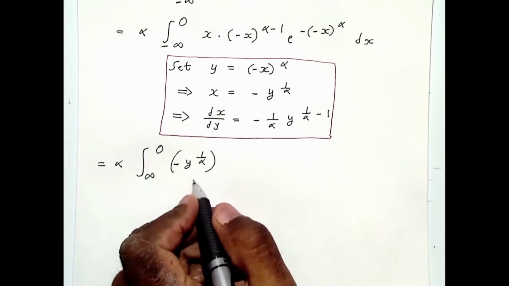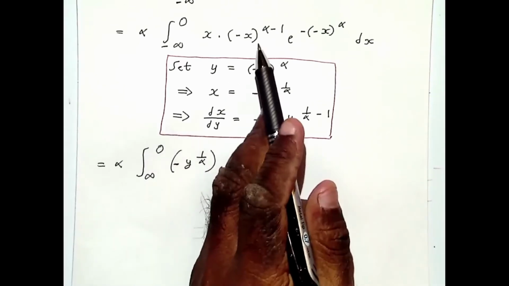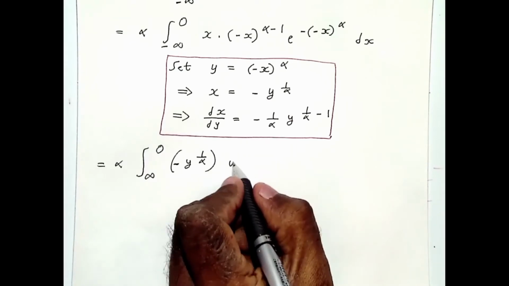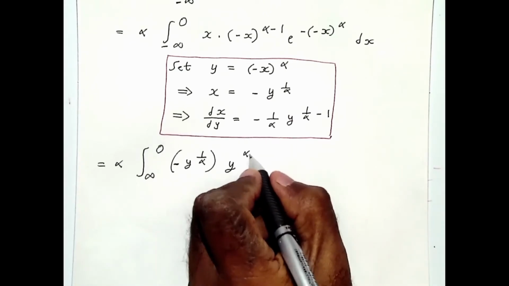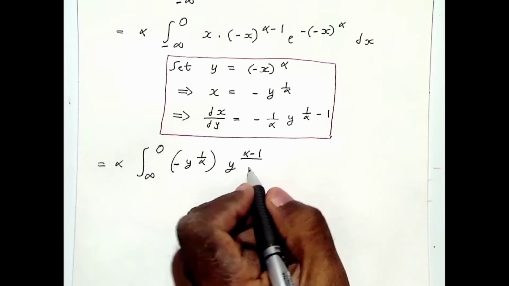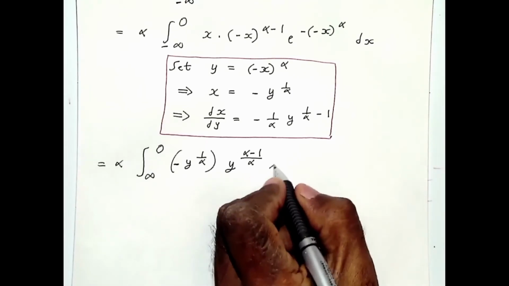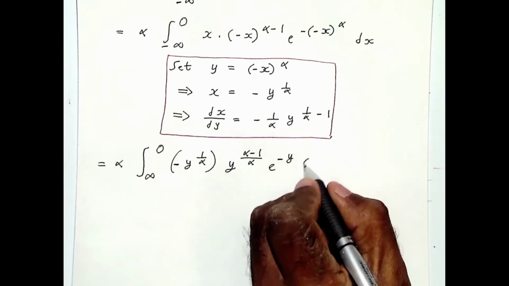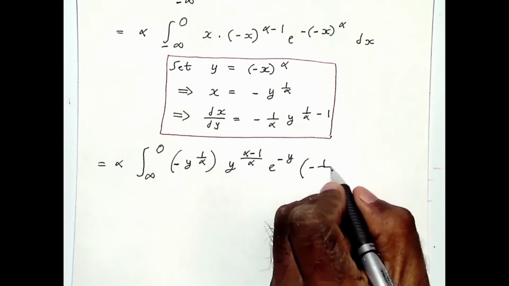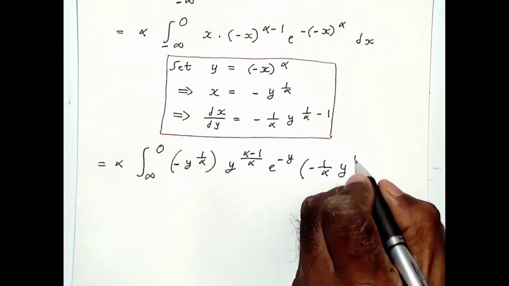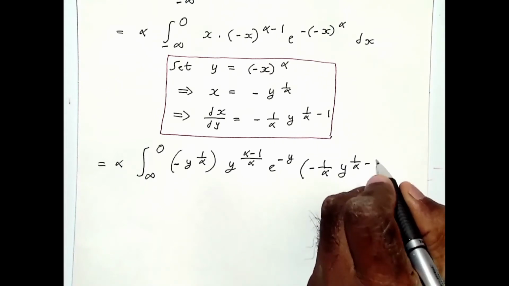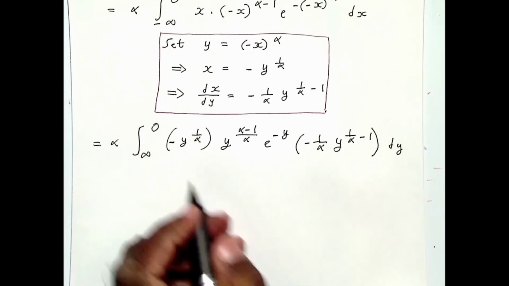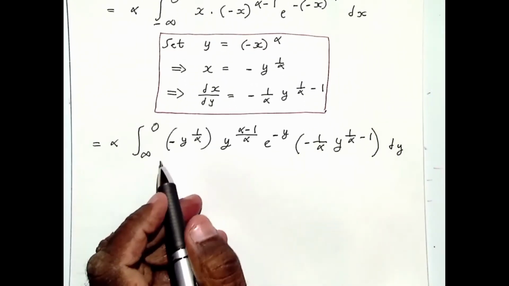And this guy here you can replace like this. And this becomes this, and dx by dy is this. So you see a few things cancel out, including the alpha.